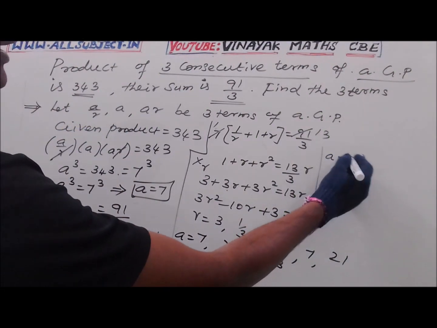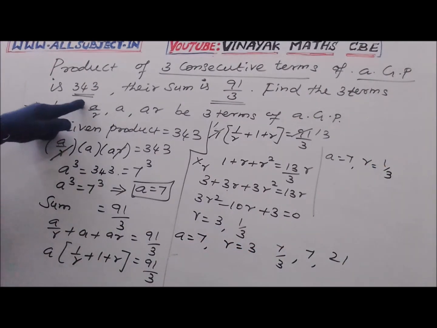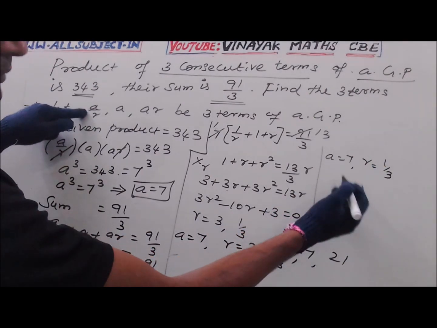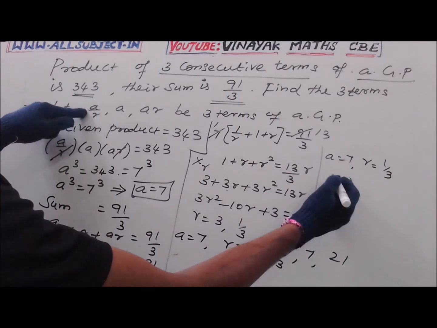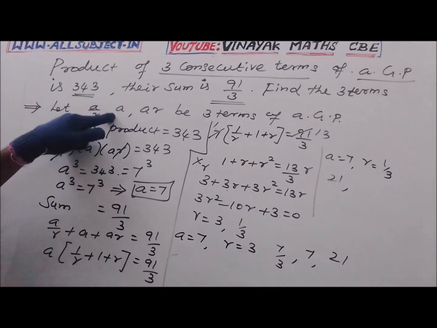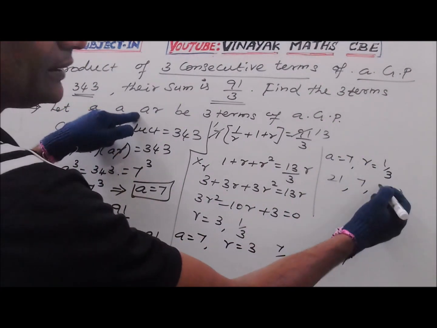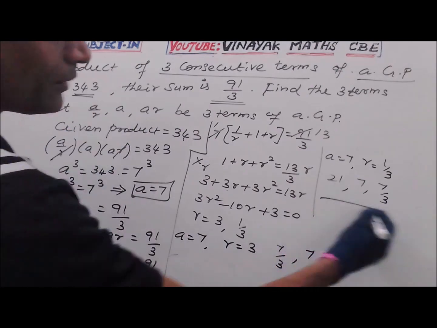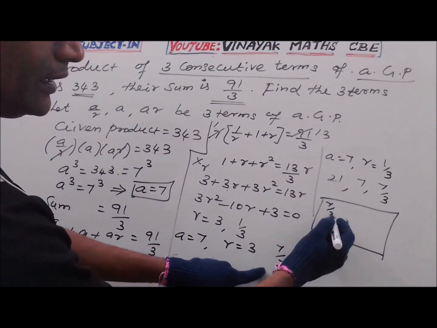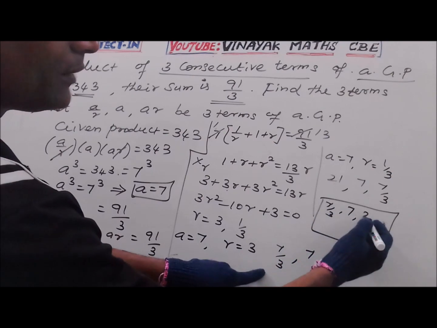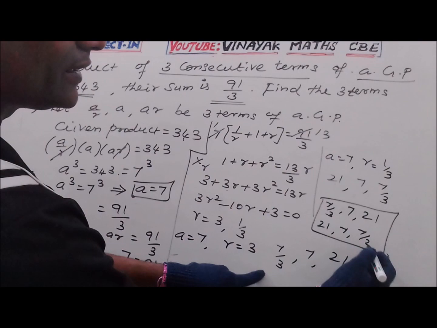When A equal to 7 and R equal to 1 by 3, we have A by R means 7 by 1 by 3, that is 7 into 3, 21. And A means 7 and AR means 7 into 1 by 3, 7 by 3. Therefore the numbers are 7 by 3 comma 7 comma 21 or 21 comma 7 comma 7 by 3.